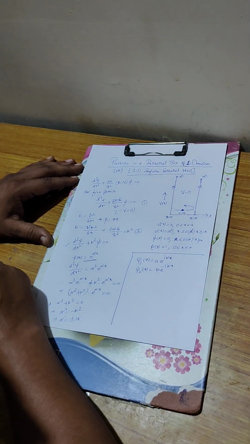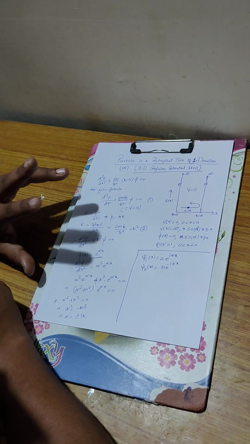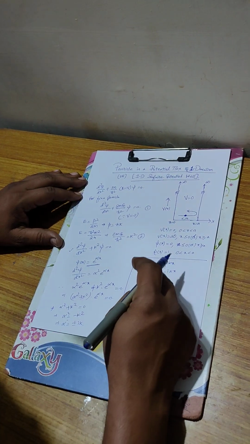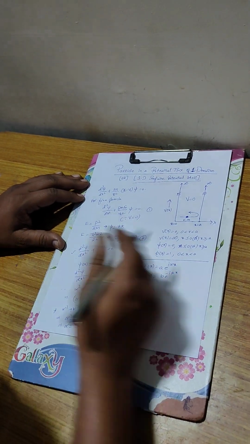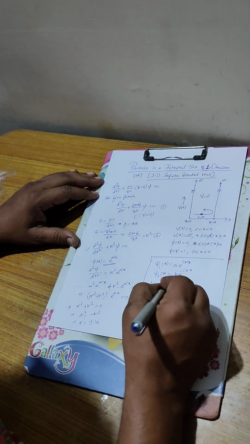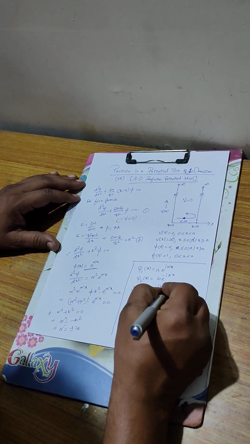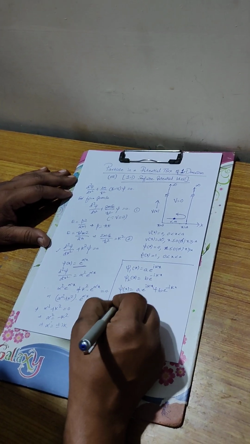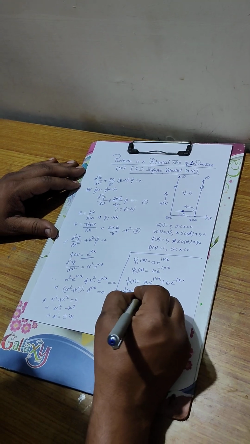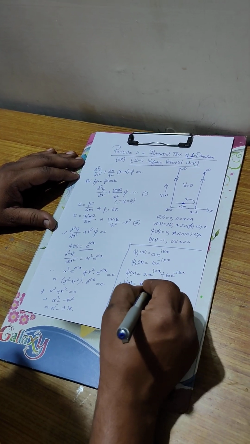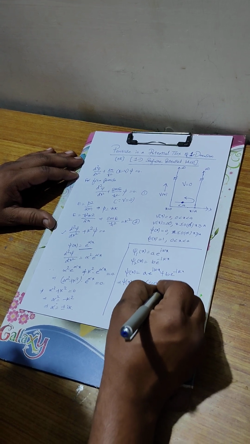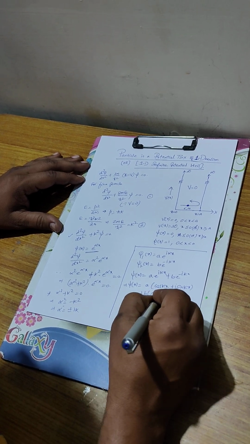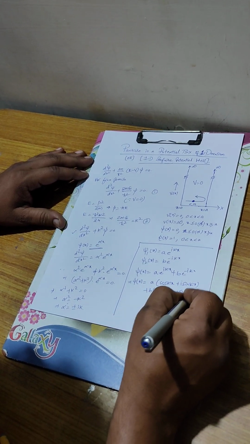Now, by using the linear combination method, you can write a general solution for this Schrodinger's equation as a linear combination of these two functions ψ₁(x) and ψ₂(x). That is, ψ(x) = A e^(ikx) + B e^(-ikx). This implies ψ(x) = A(cos kx + i sin kx) + B(cos kx - i sin kx).